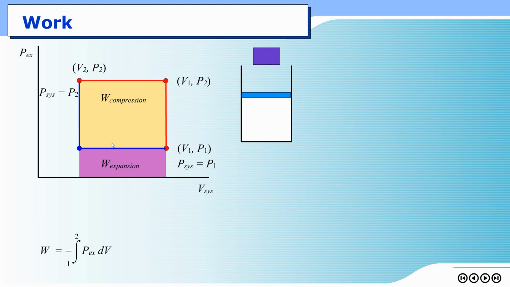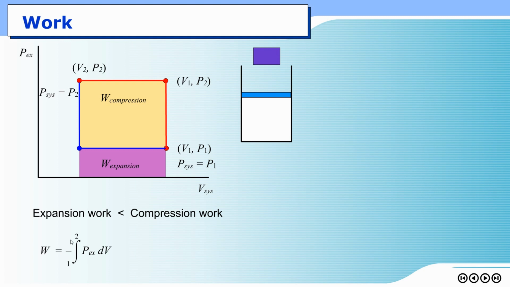However, you should see that the work you need to push the piston down to compress it is higher than the work that you obtain from the expansion. So it seems like this is somehow not good for humans. We need to put in work. We expect the same work in return, but we did not get the same work. We get less work.